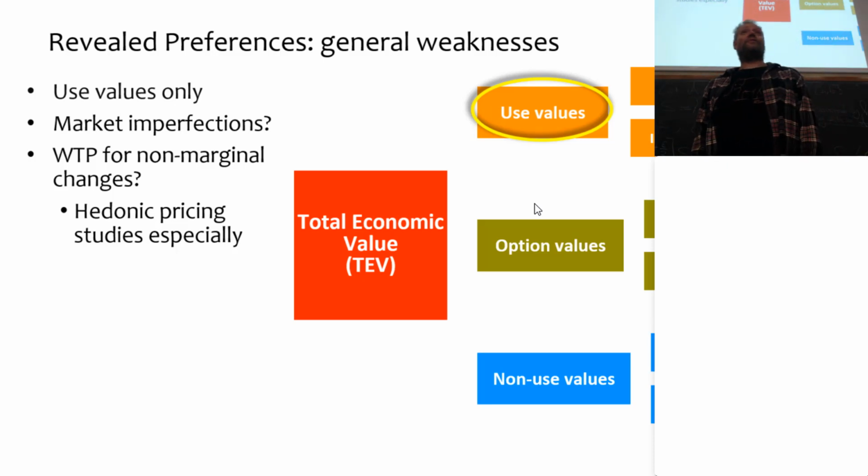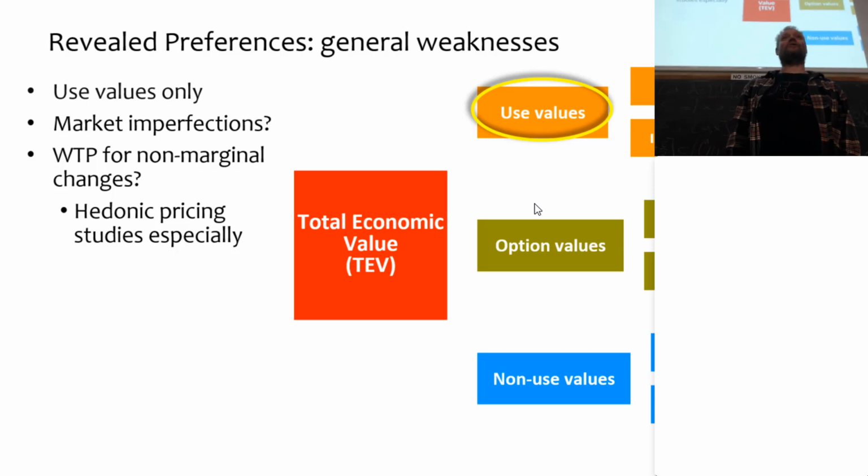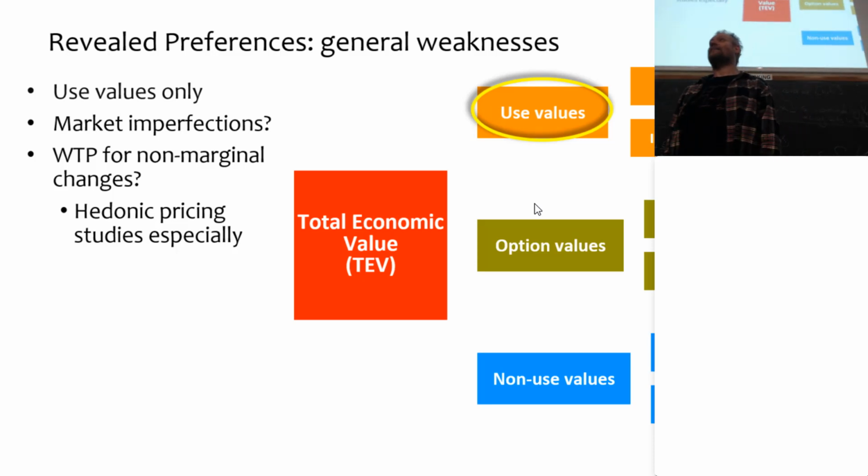Nor would you be able to derive bequest values, because people buy a house not because they want the landscape around that house to go to their children. You buy a house and you plan to resell it at some point, or if you leave it to your children, chances are they will sell it. So there's no bequest value there, or stuff like that.